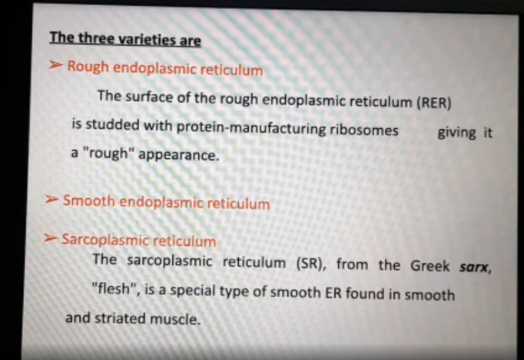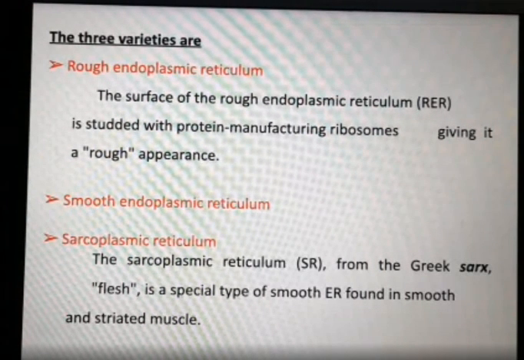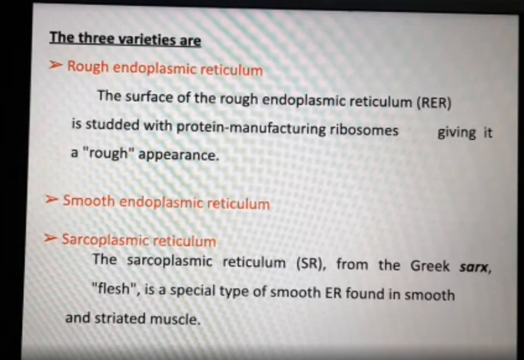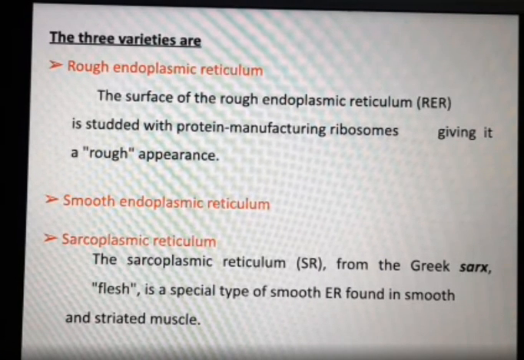Then the sarcoplasmic reticulum: the word sarco is derived from the Greek word sarx, meaning flesh, and it is a special type of smooth endoplasmic reticulum found in striated muscles.